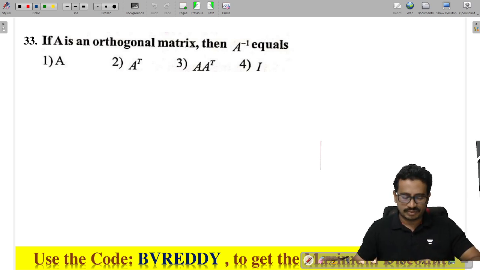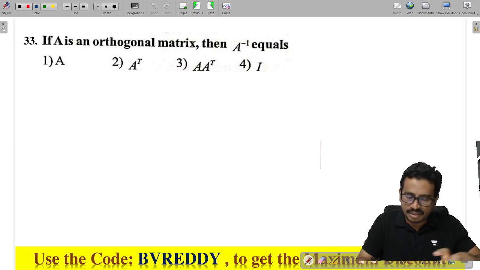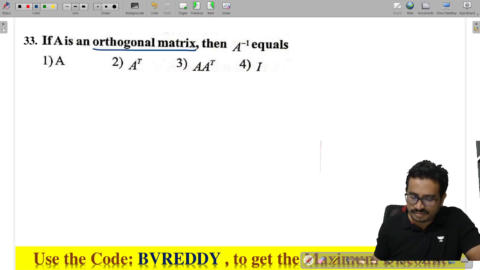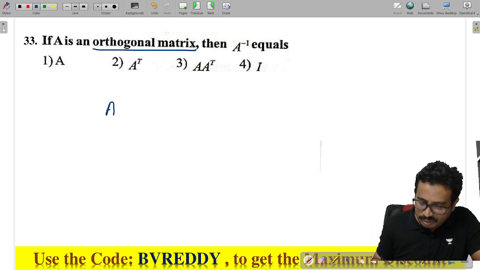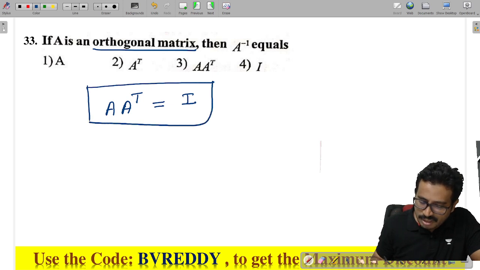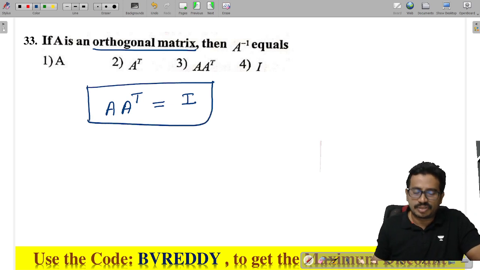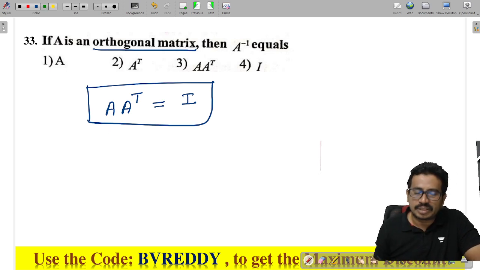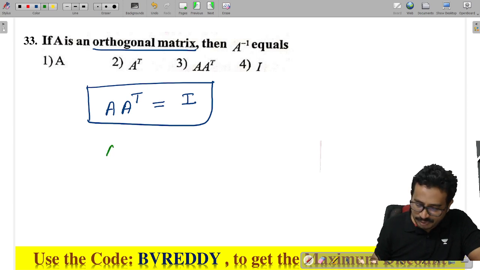So, just now we have discussed this. If it is an orthogonal matrix, they are asking for A inverse. Orthogonal matrix means A into A transpose is equal to I. Now I need A inverse. I am multiplying both sides with A inverse, pre-multiplication.